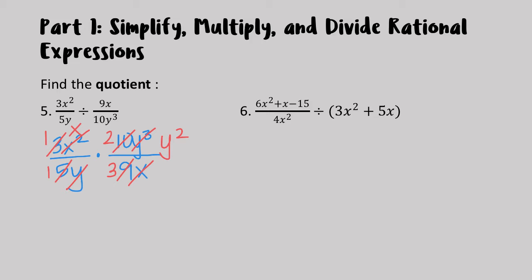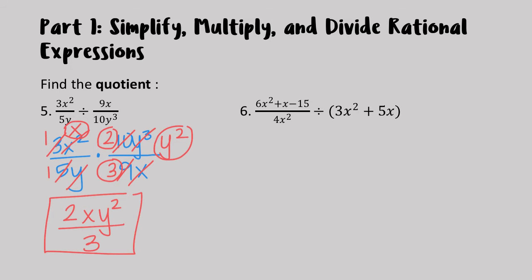Okay, so I'm looking at the numerator. I have an x, a 2, and a y squared. 2xy squared. We usually write the number in the front. And then in the denominator, a 3. So there was nothing to factor in that one first.